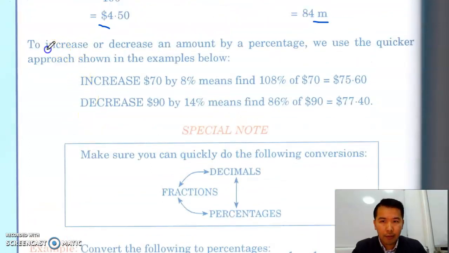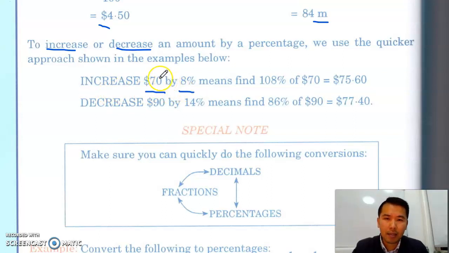Okay, to increase or decrease a percentage, we use this approach. If you increase 70 by 8%, when it is an increase, you need to start with 100%, because you increase, then you need to plus 8%.